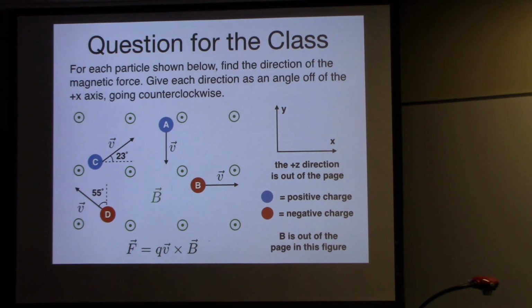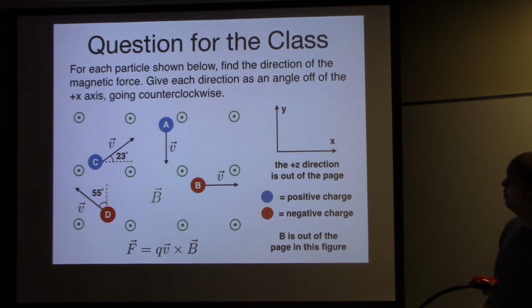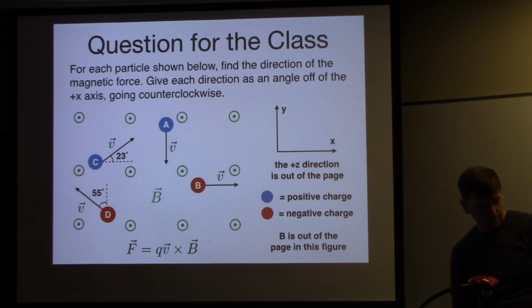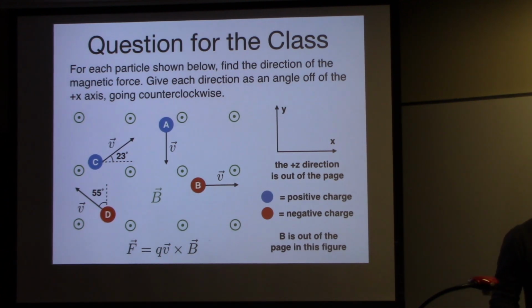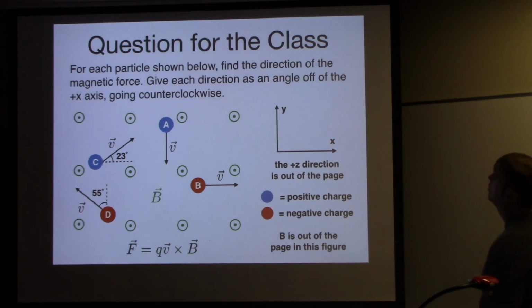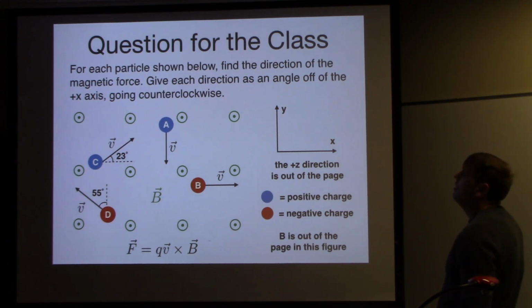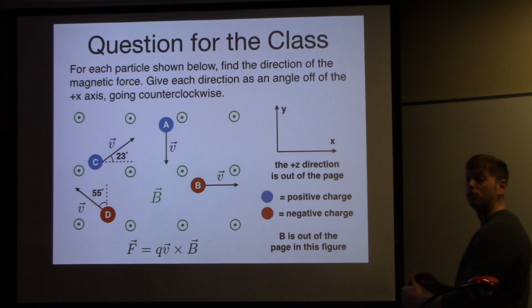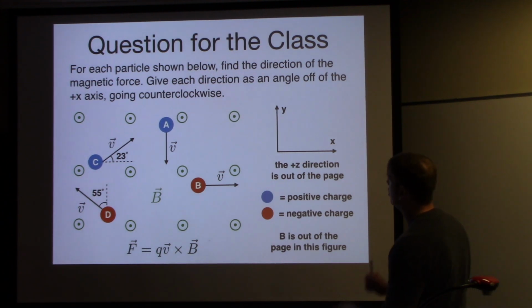Okay, let's do one more example, just to make sure we have these ideas straight, and then that'll be it for today. In this example, we're really doing the same thing. We're going to figure out what the direction of the magnetic force is, but as you'll see in this case, it's a little bit more complicated. What we're going to have to do is give an angle, which tells us which way the force is going.